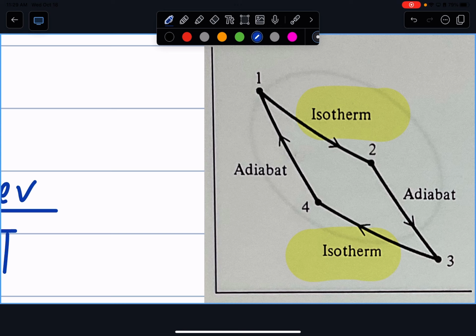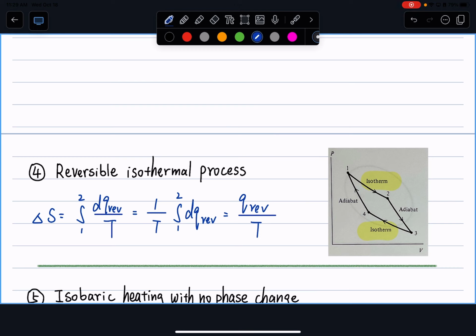You can easily imagine something that is isothermal when their temperatures are the same. Or you can easily imagine a system is adiabatic if it is covered by an adiabatic wall, or there's no heat transfer between the system and surroundings. So these two are just two different thermodynamic processes. Okay, thank you. And that's our Carnot cycle, by the way, so you can go back to lecture 6 and review it a little bit.